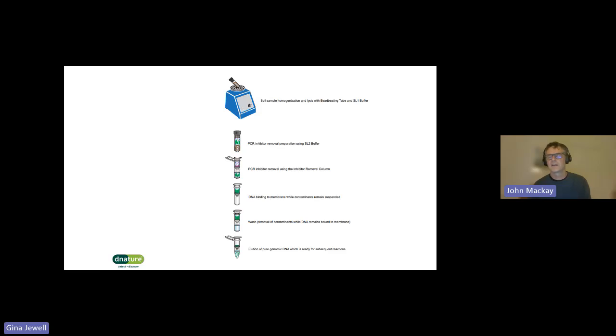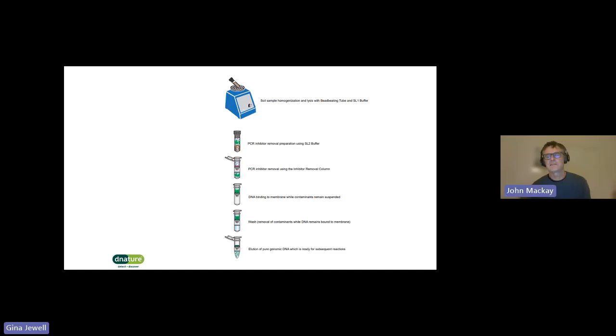Soil is full of things like humic acids and things that PCR really doesn't like very much. And so soil is an amazingly inhibitory substance. The words there aren't important. You don't need to strain to read those. It's just to show that there are a number of steps typically that go through extracting DNA from soil. It is one of the more difficult samples to do in a robust and high throughput fashion.